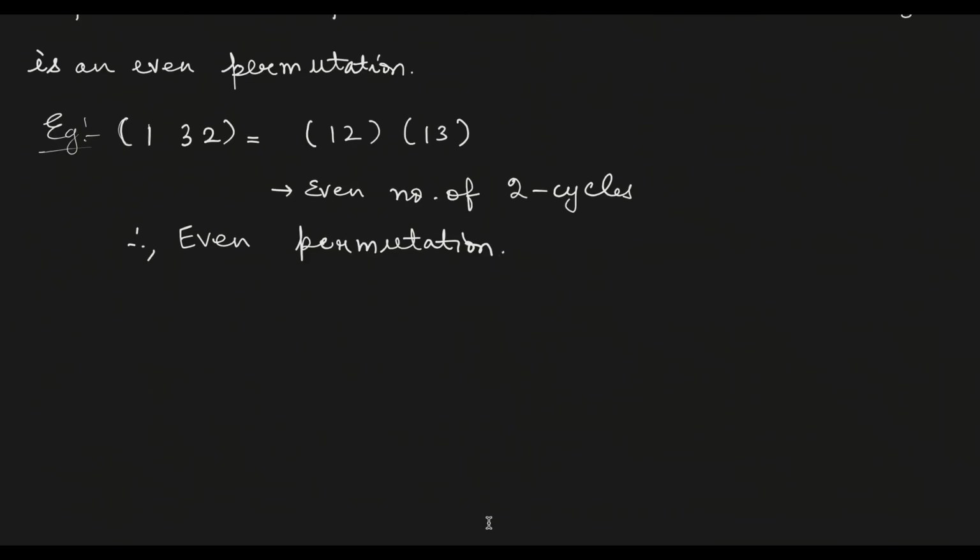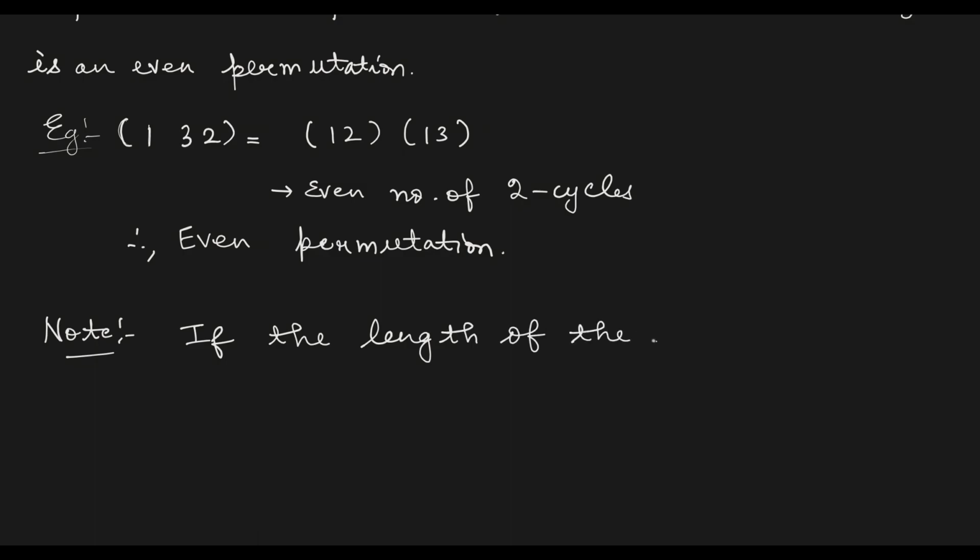Note, if the length of the cycle is odd, then the permutation is an even permutation.